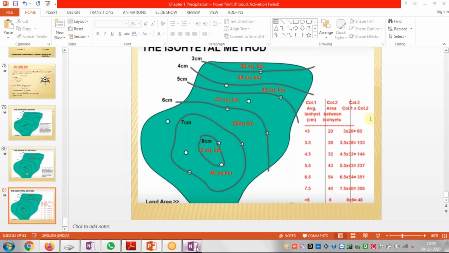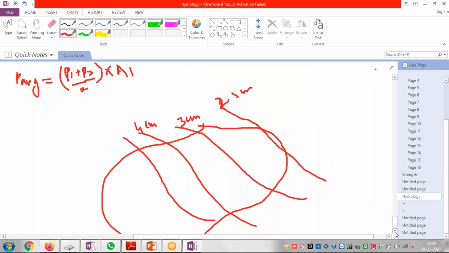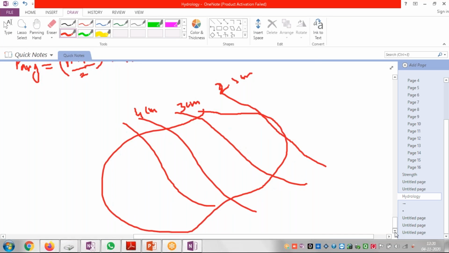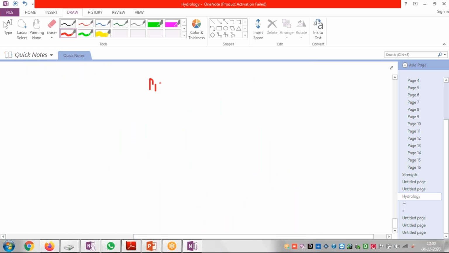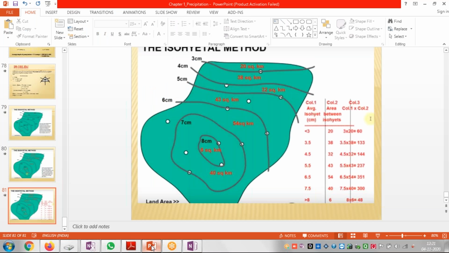The formula is this one: P1 plus P2 divided by 2 multiplied by A1, right? Plus, up to what we will go, the last one is 1 2 3 4 5 6 7, right?